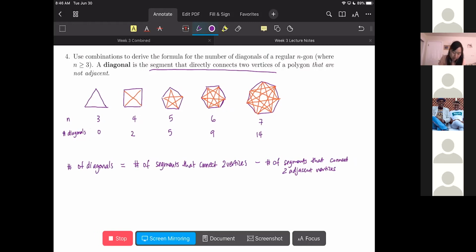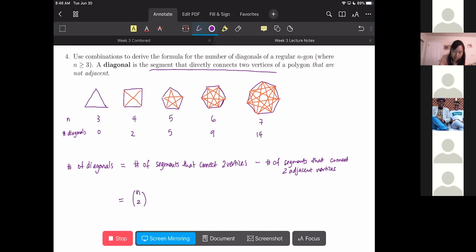So if we want to count the number of segments that connect two vertices, how many ways are there to do that using combinations? Right, so this is just n choose 2 because we have n vertices.